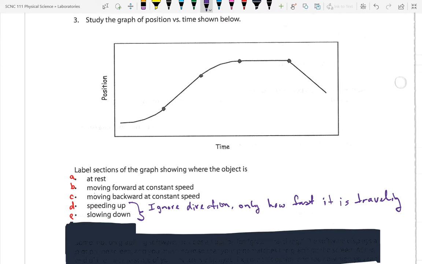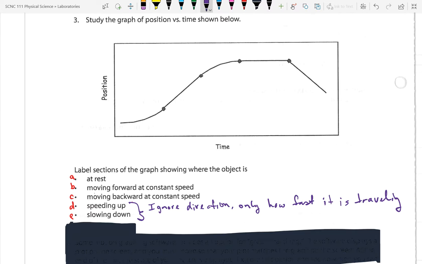It has marks on here, and you're going to say, okay, at this point, the motion was at rest. At this point, it was moving forward at constant speed. At this point, it was moving backward at constant speed. Notice that there's only 4 dots, and there's 5 options, so you're not going to use all of the options.